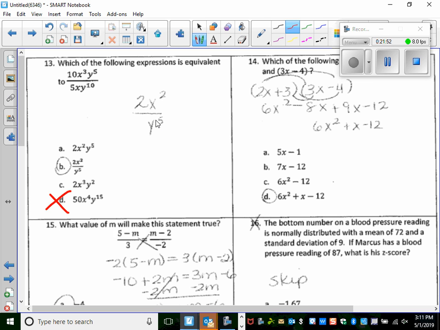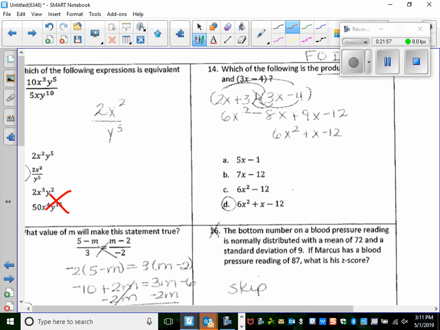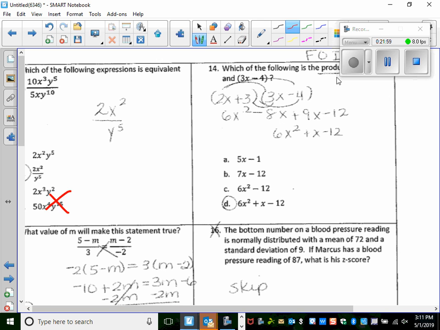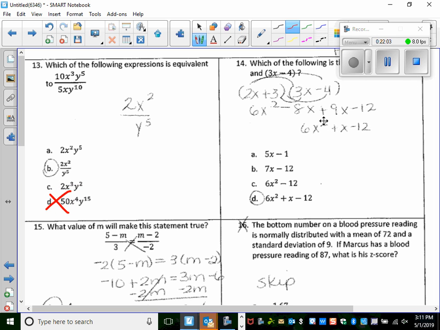Okay. All right. So for this one, see how they use the word product? They didn't say multiply. So you have to know that product means to multiply. So this is just using the distributive property twice. You're going to take your 2x and you're going to multiply it by the 3x and the negative 4. 2x times 3x gives you 6x squared.